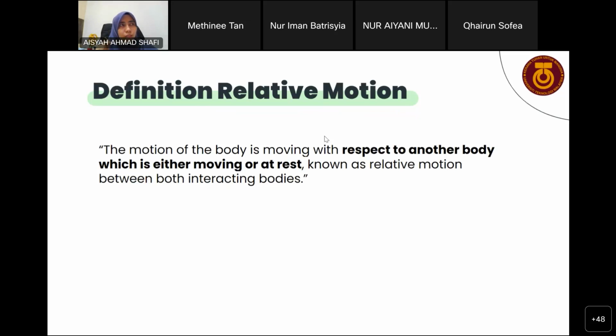And when the velocity starts from rest, it means that it starts from zero. That means the velocity is zero and then it starts to move, so it has velocity. And for the area under the graph, if it is negative, you need to insert the negative value in the calculation.